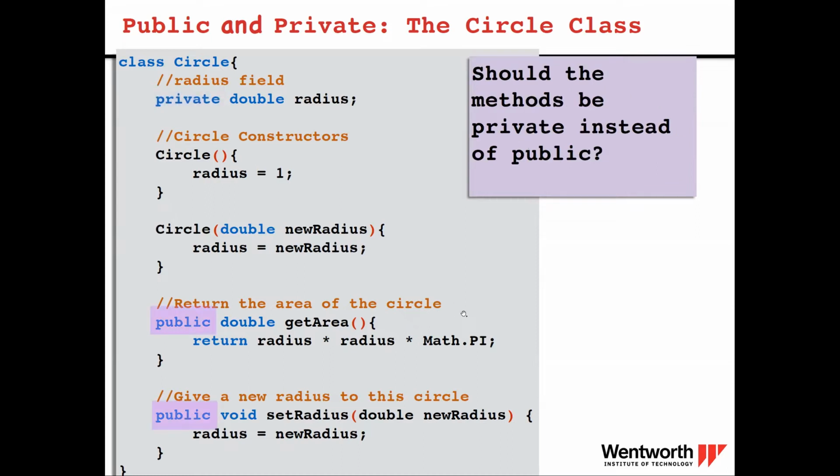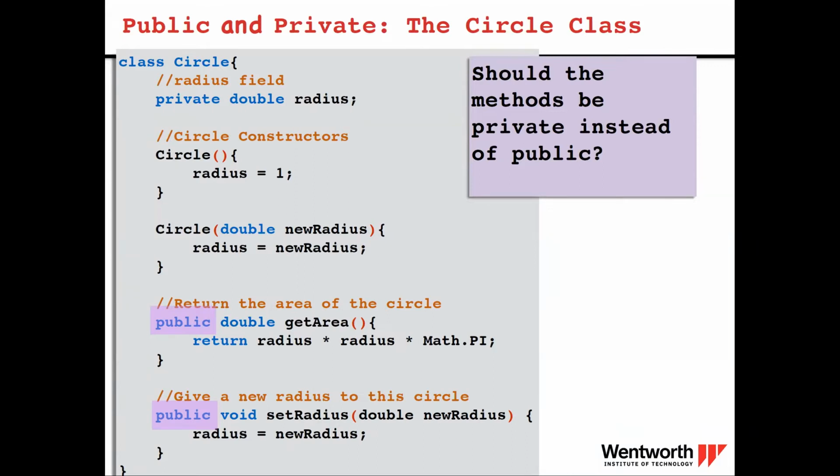The next question is, should our methods be private instead of public? They're public now. Should they be private instead? So let's think about what the methods actually do. We have getArea. It just does the area calculation, pi r squared. And then we have the setRadius that I just mentioned. Oftentimes, these sorts of methods are meant to be used outside. If I have a circle and I want to know what the area is, say in my main program, then I should be able to access getArea.